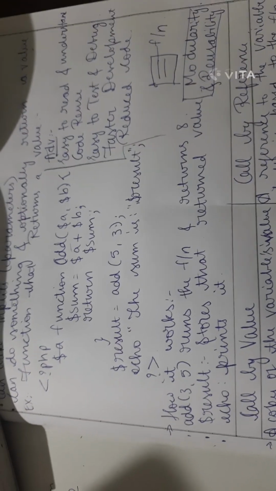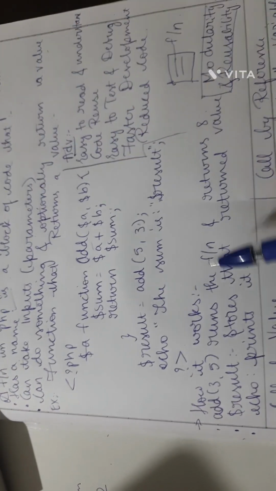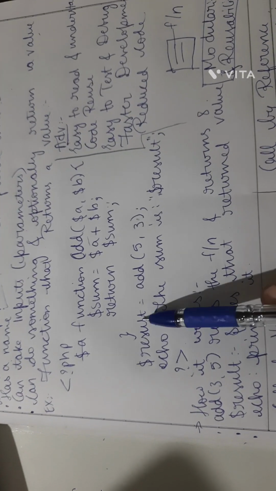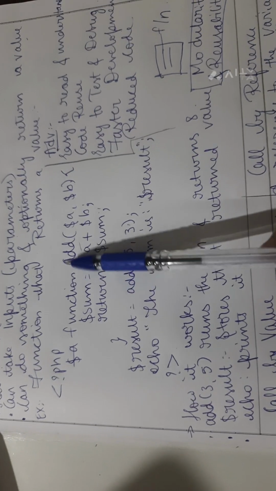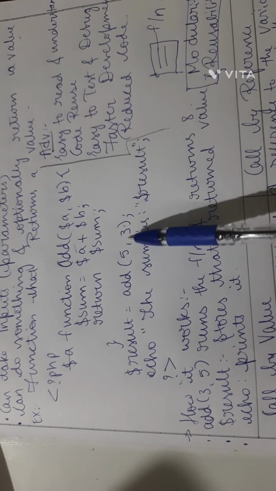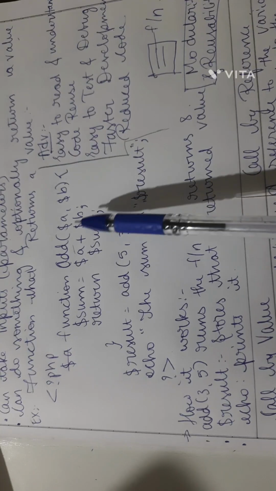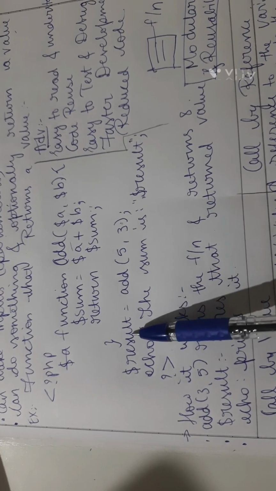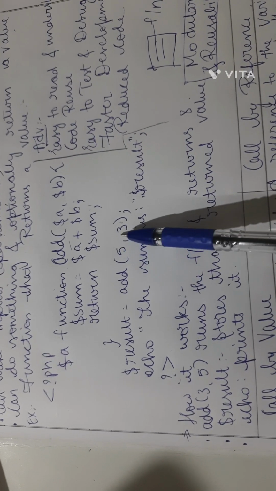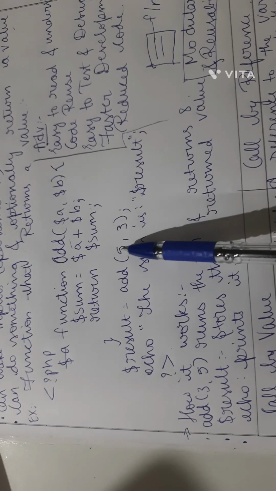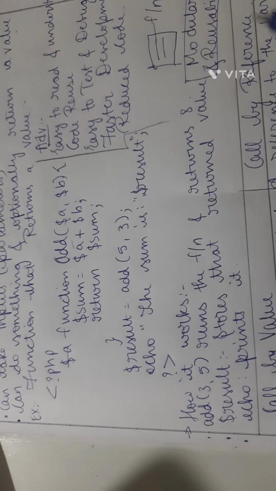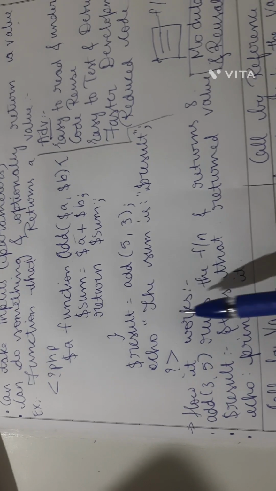So how this program basically works is, here we have taken a function add, and we have given two values for it, which we are calling outside the function, and the output of this will be stored inside the result.